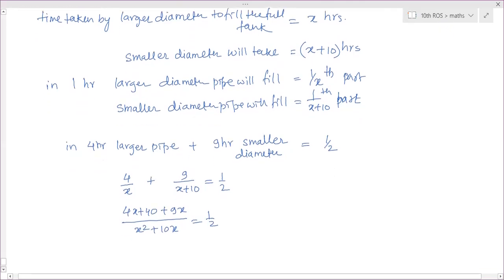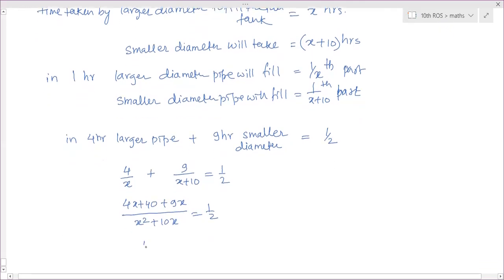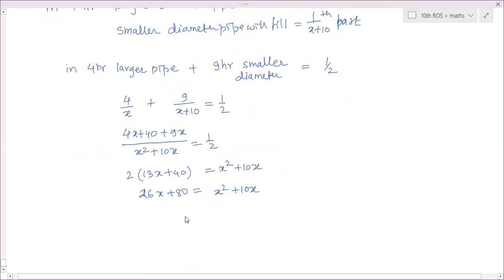Now cross multiply. 9 plus 4 is 13x plus 40, into 2, is equal to x² + 10x. 26x + 80 is equal to x² + 10x. So 0 is equal to x² + 10x − 26x − 80. x² − 16x − 80 is equal to 0.